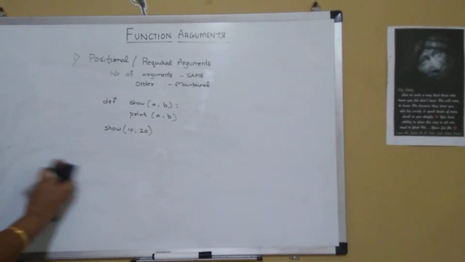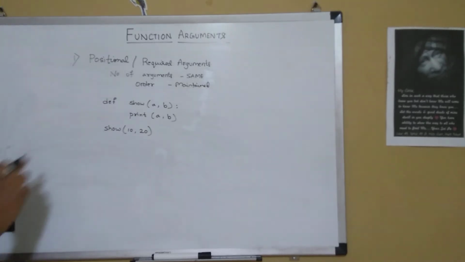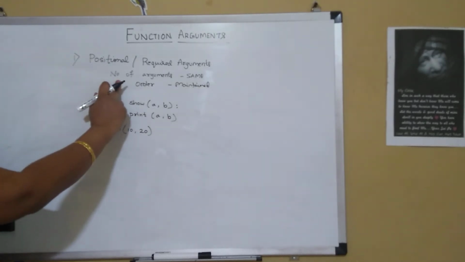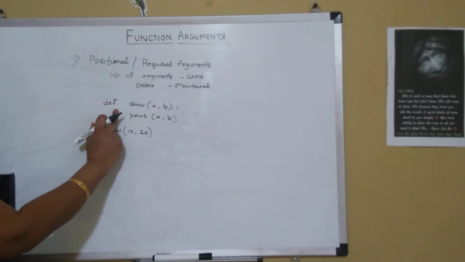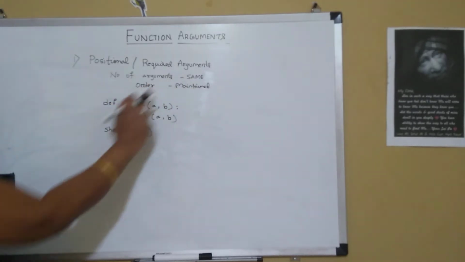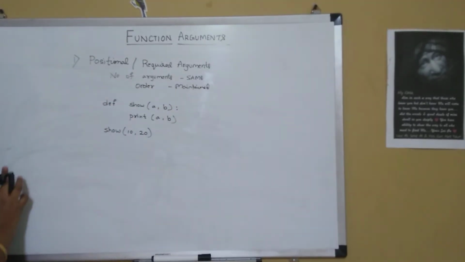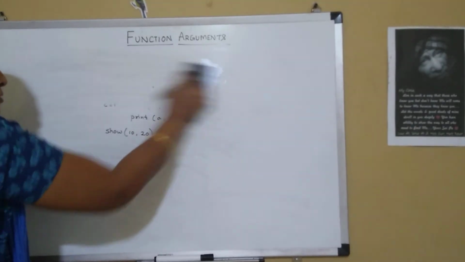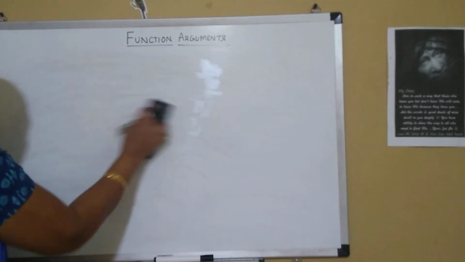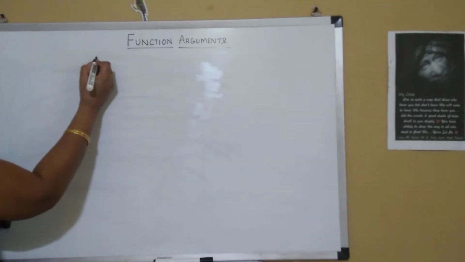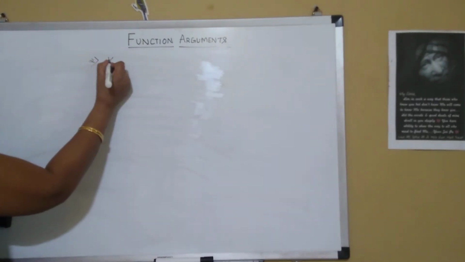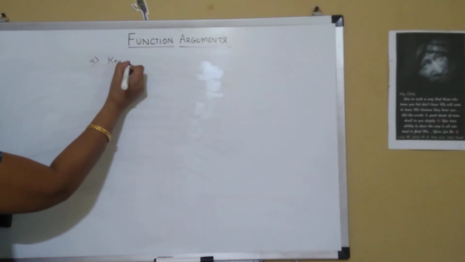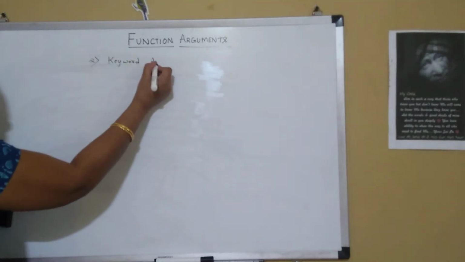So this is the required or positional arguments, where the number of arguments in function call and function definition should be same, and the order also has to be maintained. Now let's move into the second type of argument, which is the keyword arguments.